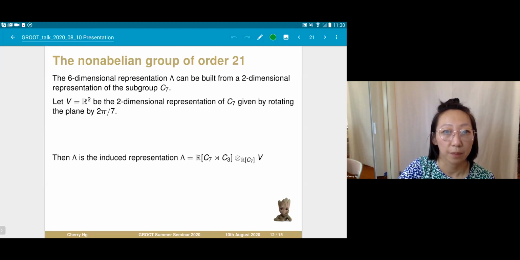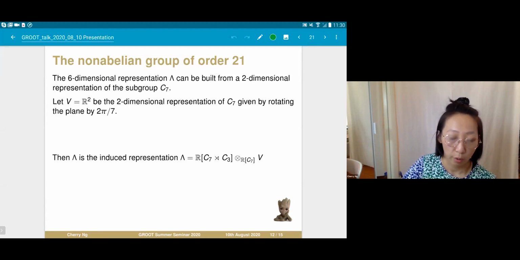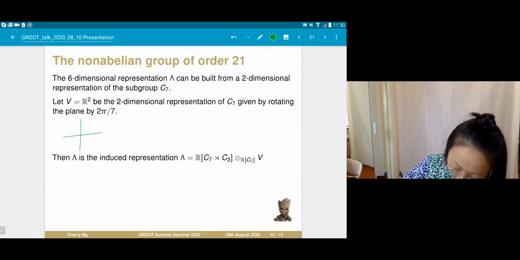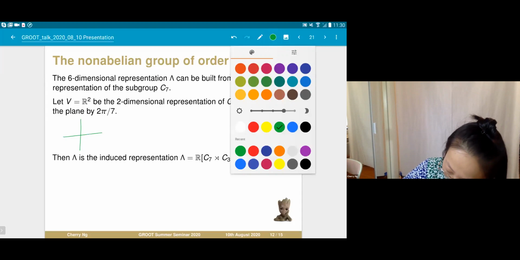For big lambda, the big representation, big lambda, can be built from a two-dimensional representation of the subgroup C7. So what do I mean by this? Take your vector space to be R2 and take the two-dimensional representation of C7 given by rotating the plane by 2 pi over 7.